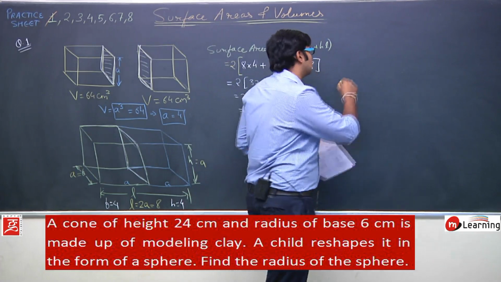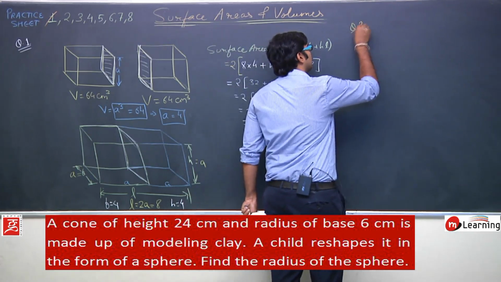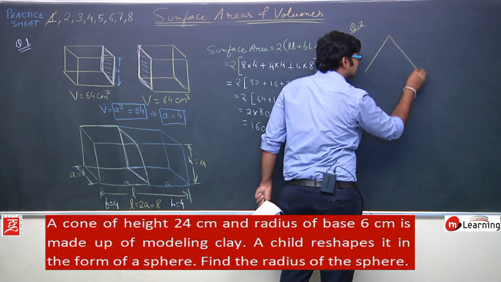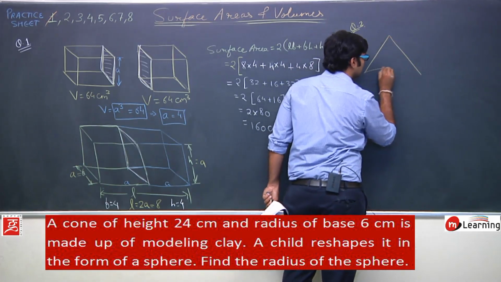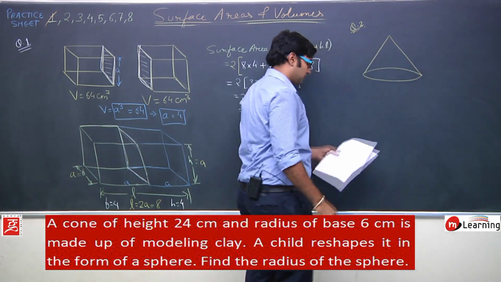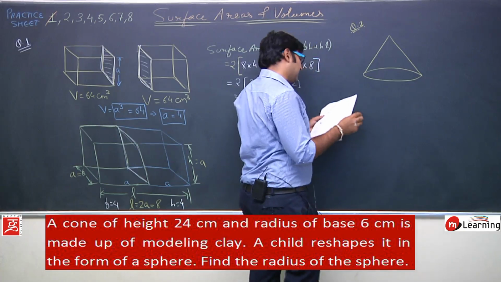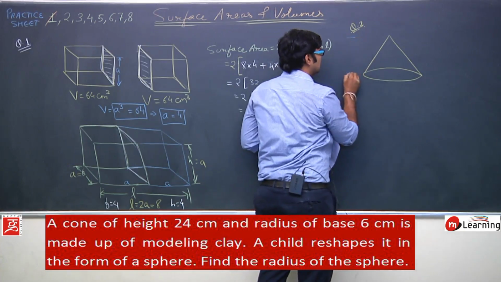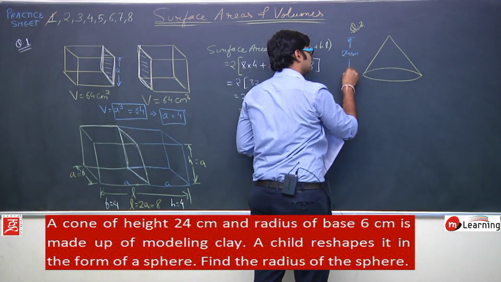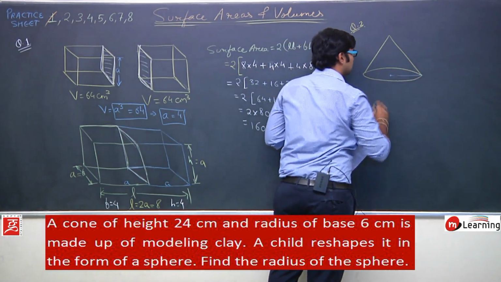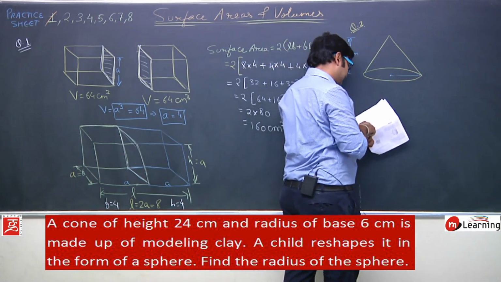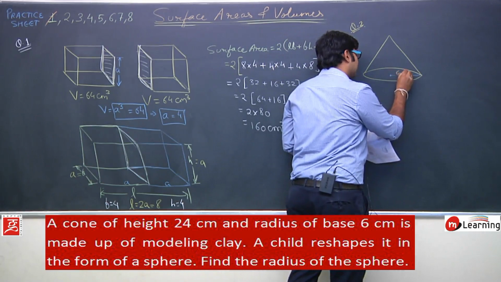So in question number 2, let us say this is a cone, and it says that the height of this cone is 24 centimeters and the radius of the base is 6 centimeters.